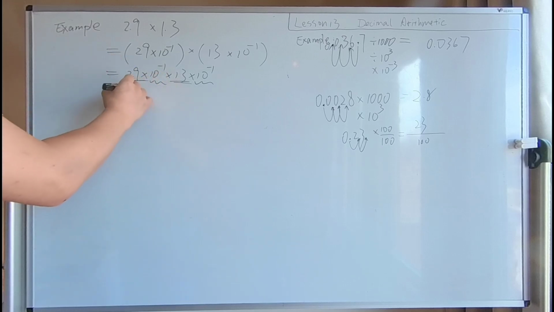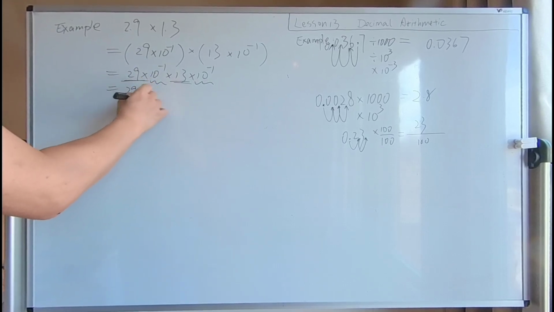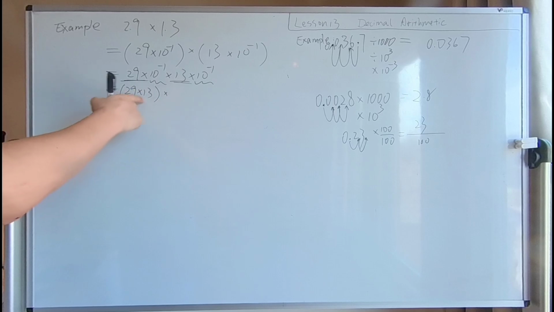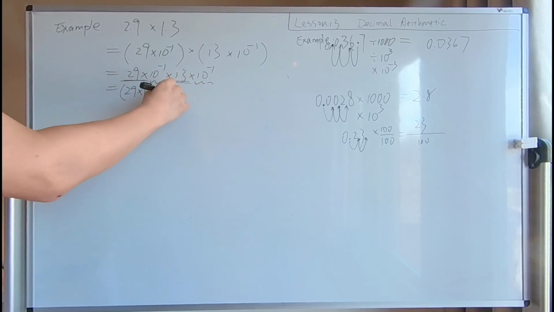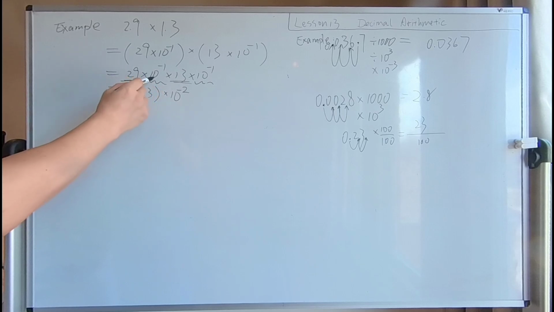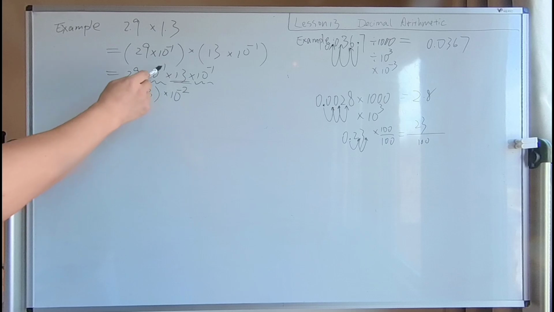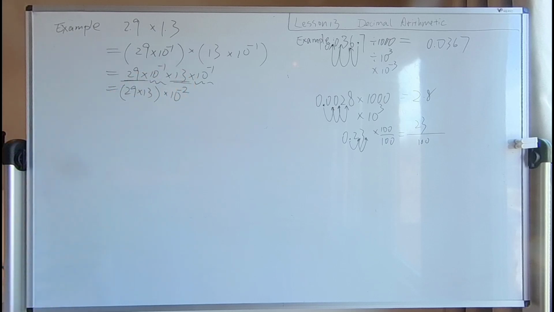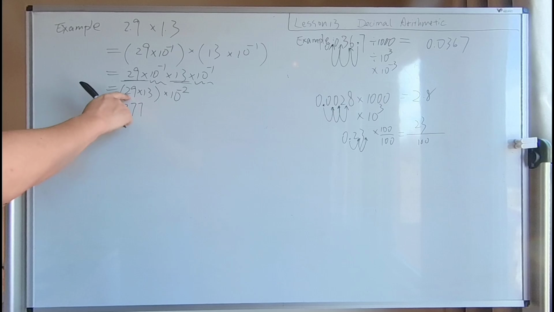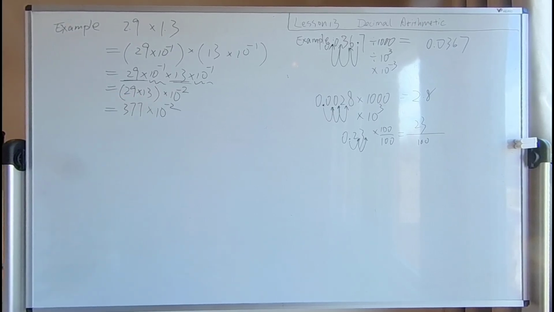So I still need to do the calculation to find out what 29 times 13 is, but the other two terms are 10 to the power of minus 2, right? That's the property of exponents: if you have the same base, the powers add up. And then if I know 29 times 13 is 377, I have 377 multiplied by 10 to the power of negative 2.